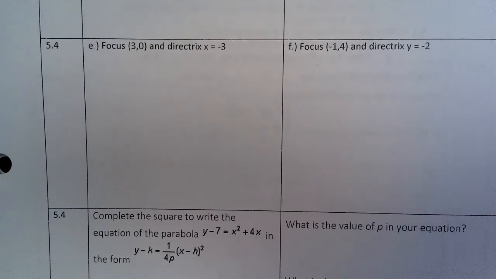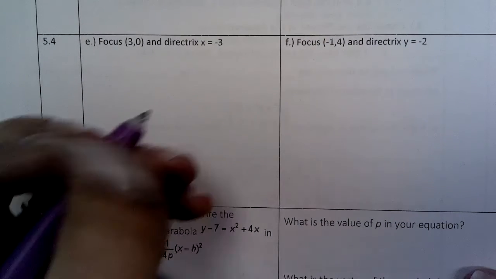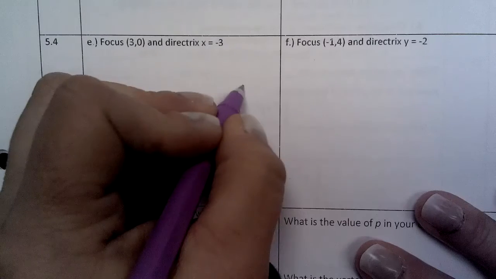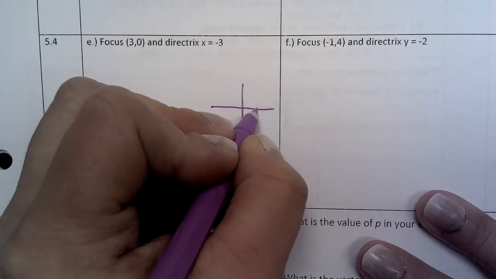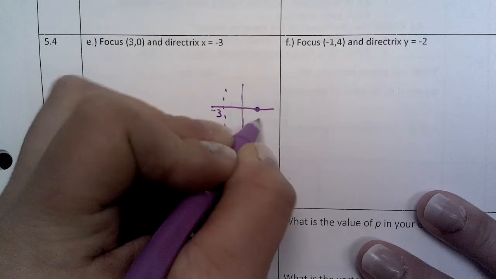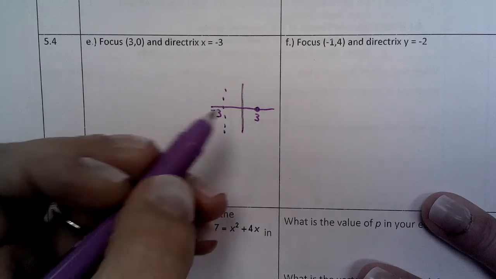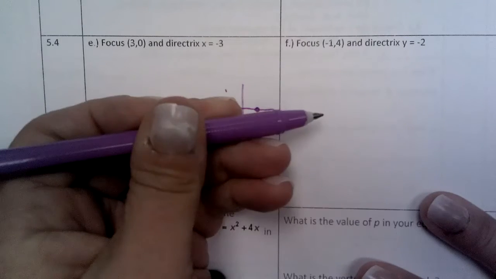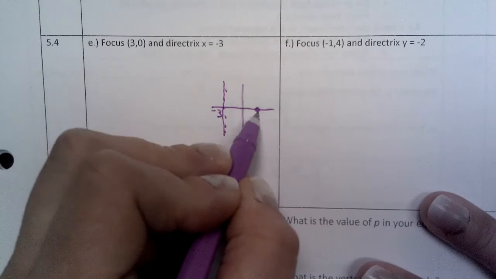All right, so now we're getting one that has the focus and the directrix. We have to find the vertex in this case. So let's go ahead and sketch this thing. We have a focus at (3, 0), and we have a directrix at x equals -3. So on our x-axis, that's what this looks like. We know this thing opens to the right because it's opening away from our directrix and towards our focus.